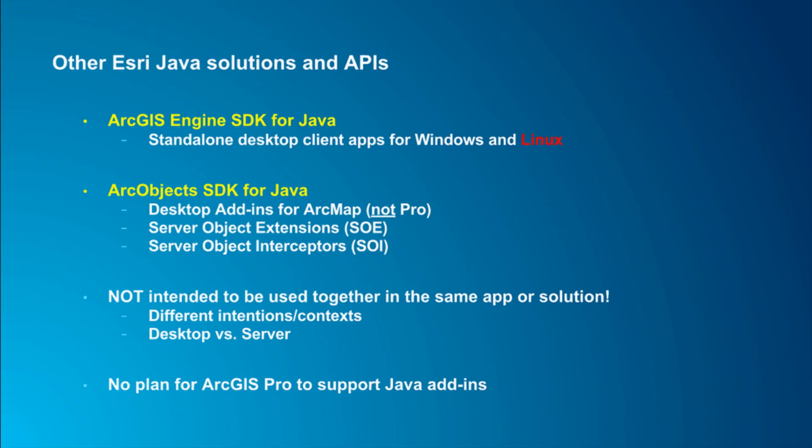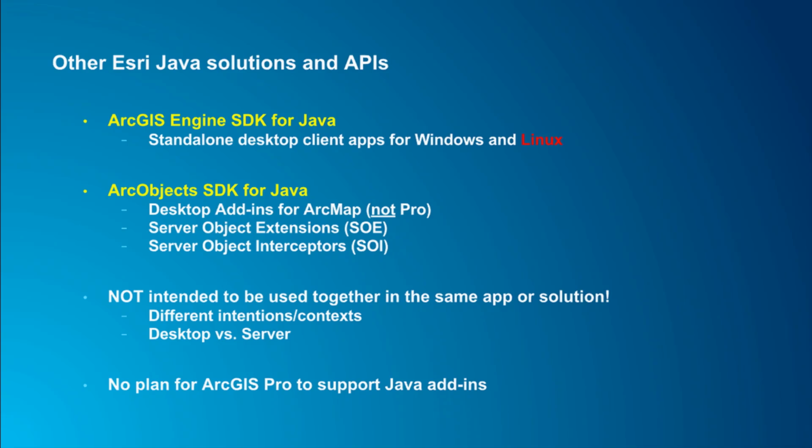So as we close here, just a few other reminders that we do have other Java products that have Java APIs to them. Of course, there's the ArcGIS Engine SDK for Java. This is used for building standalone focused applications for Windows and Linux. I'll explain why Linux is red in just a second.